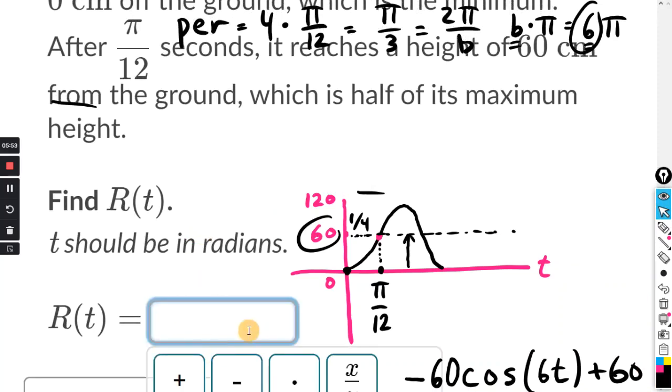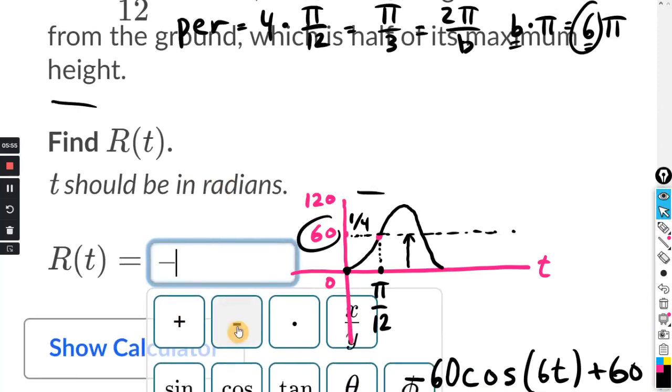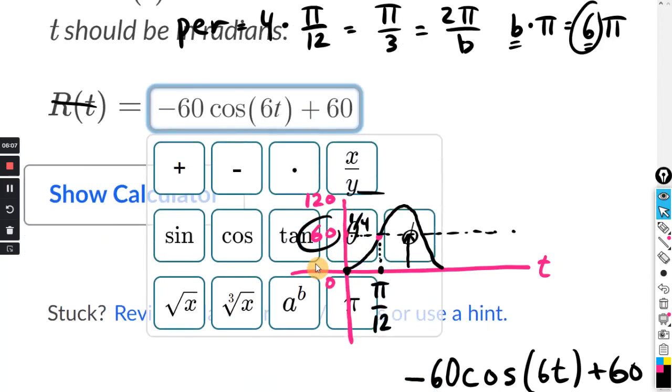So in the box: negative 60 cosine, parentheses, 6t, click outside the parentheses, and plus 60. Please make sure you use t and not x. You have to use t and not x.